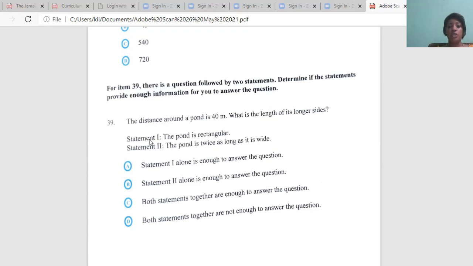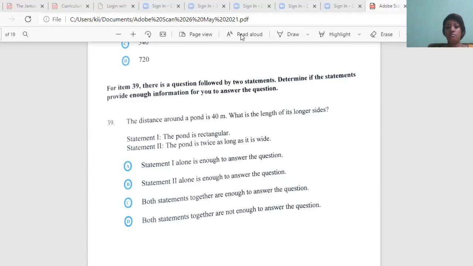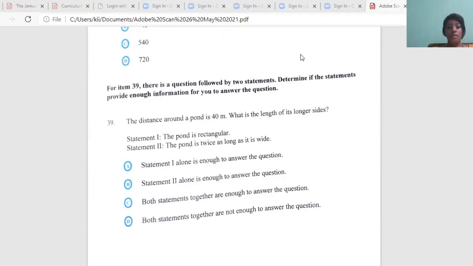Determine if the statements provide enough information for you to answer the question.